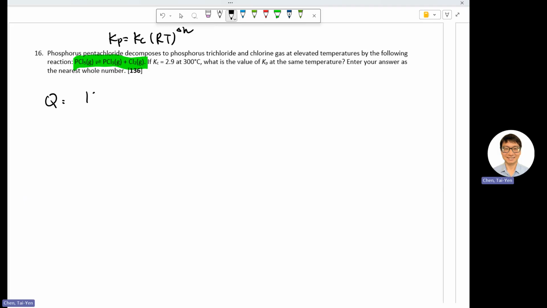So once you know that, then you can write out the things. You want to calculate your Kp. Okay. The data that you have is the equation PCl5 becoming PCl3 plus Cl2. And then the Kc equals 2.9.